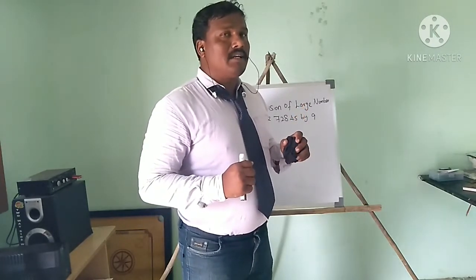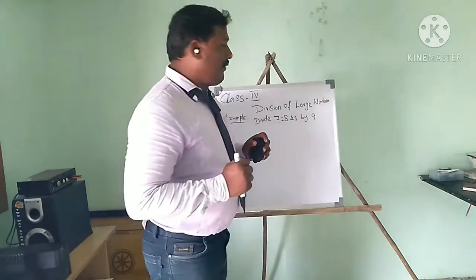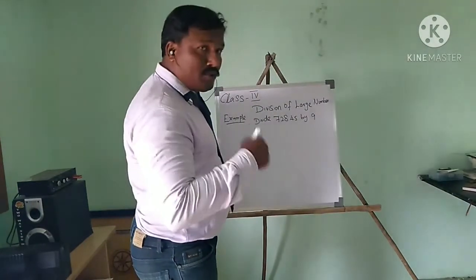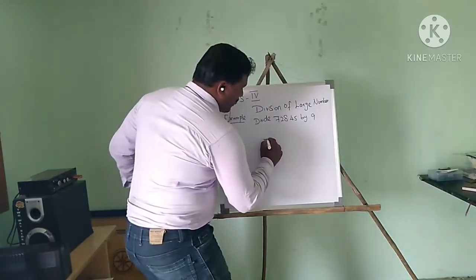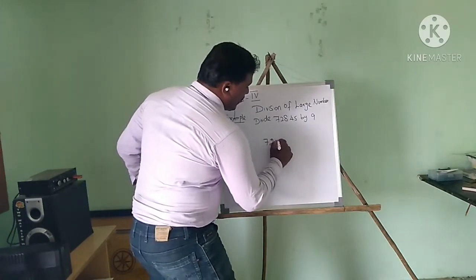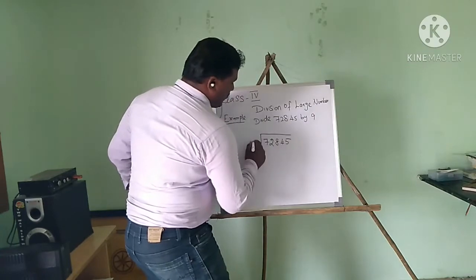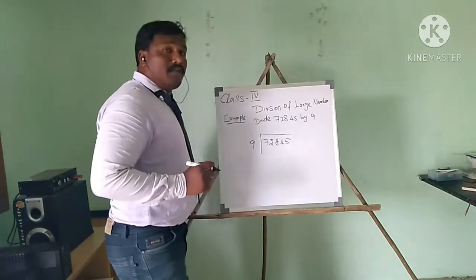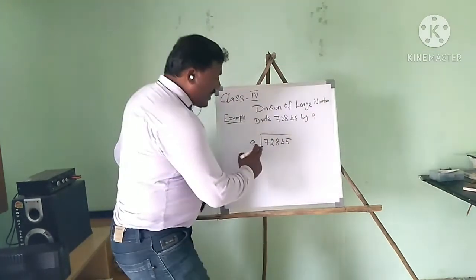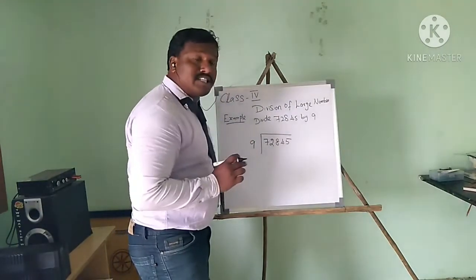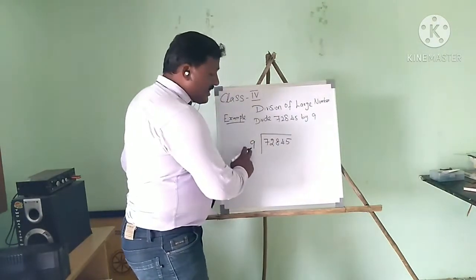What I am telling, do you understand or not? See, I will show you. Now I am going to divide 72,845 by 9. First you have to check the dividend's first digit. The first digit is 7. The divisor is 9.